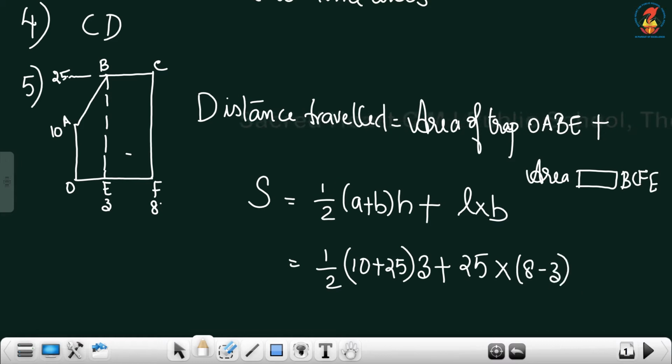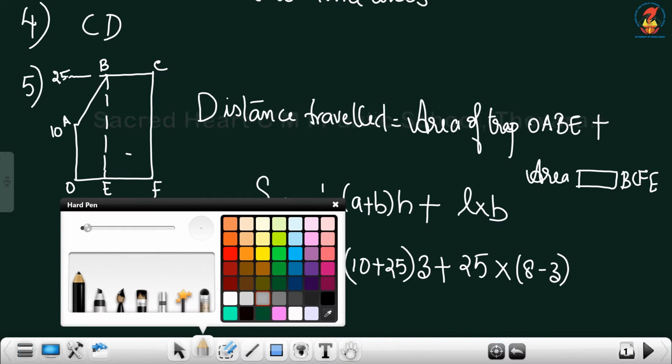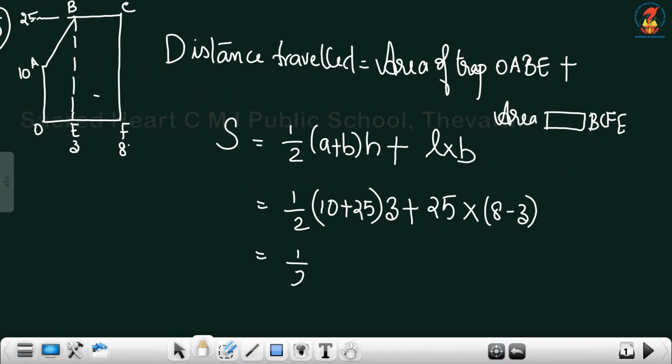So, S equals half into 35 into 3 plus 25 into 5. You can do the calculation and find the answer.